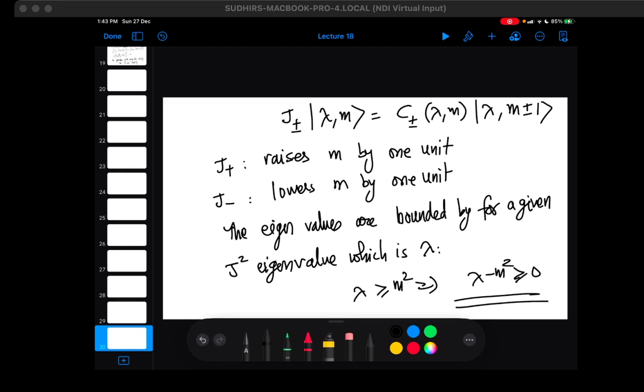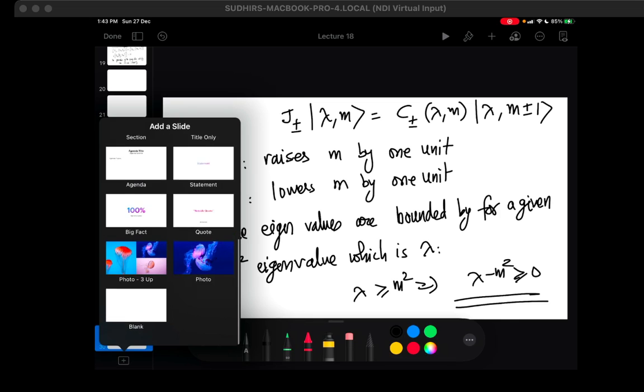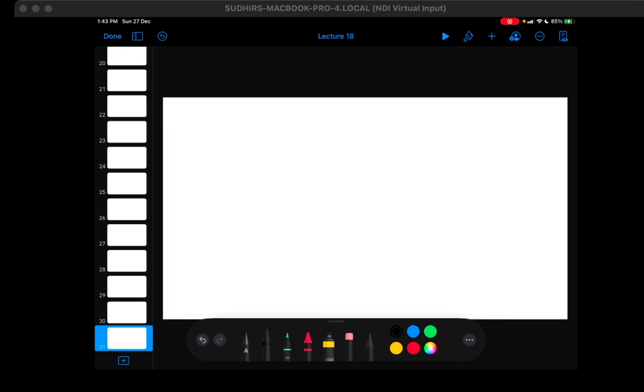Now because it's bounded, the condition is that if you take the highest value of, for example, Jz or J3 eigenvalue, which is essentially m, let's just take it to be j, the highest eigenvalue, then J plus acting on it will go to 0.